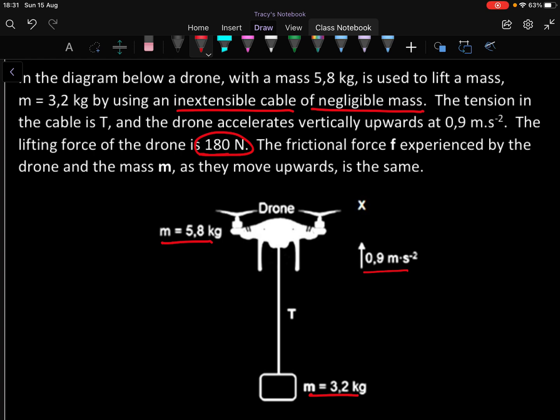So the drone's pulling up with 180. The frictional force F experienced by the drone and the mass M as they move upwards is the same. So we're quite happy with that, but what we need to recognize here is that friction will act down. They're moving up. Friction opposes the motion, so friction's going to act down.